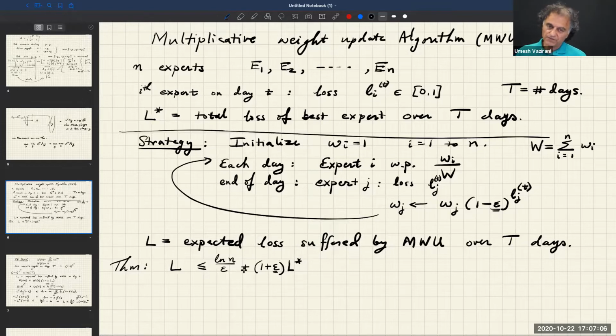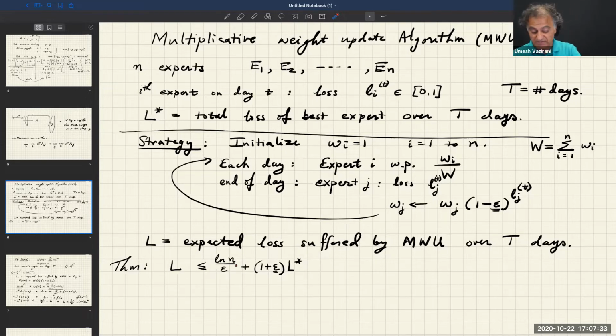Well, you see, if you look at the total loss that we suffer, L, here's our theorem: L is bounded by log n over epsilon plus 1 plus epsilon times L star. Now, if you look at this first term, a small epsilon really hurts us. You could say, well, why not make epsilon as small as possible?